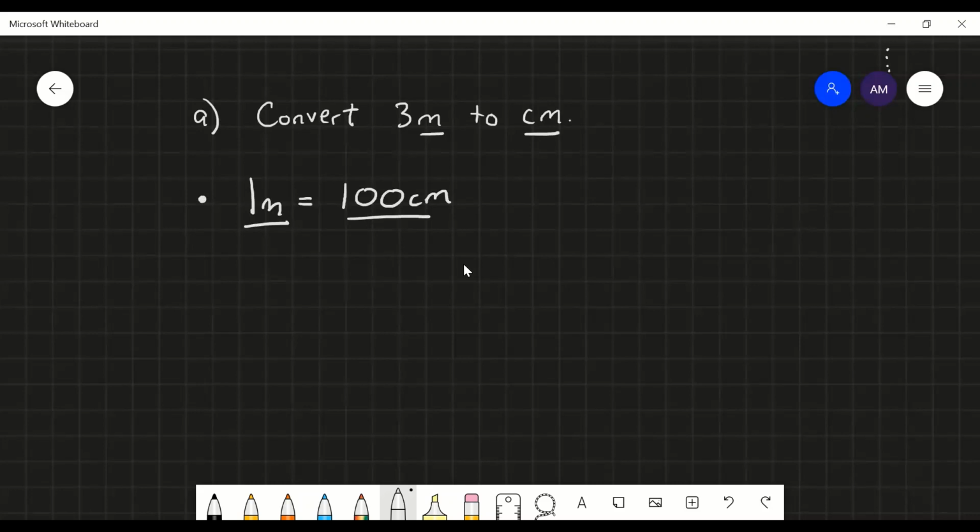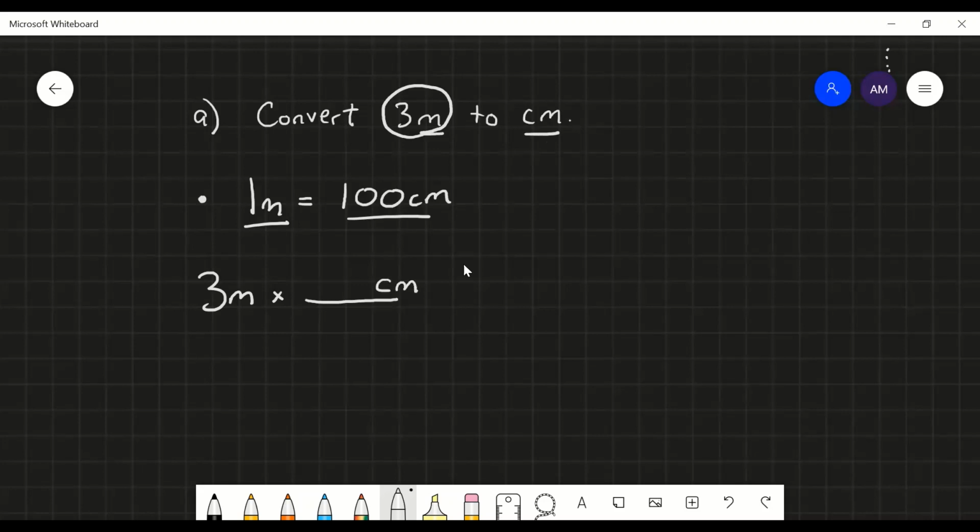So let's take our 3 meters, which is what the question started with, and just follow these same steps every time and it should work. Multiply it by a fraction. So this will require us to remember what we did in the last 4 videos on fractions. Now, the new unit that we want here, which is centimeters, we want that to be the unit that appears on the top of this fraction.